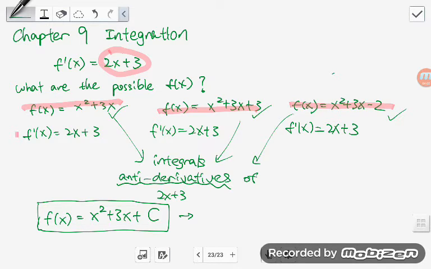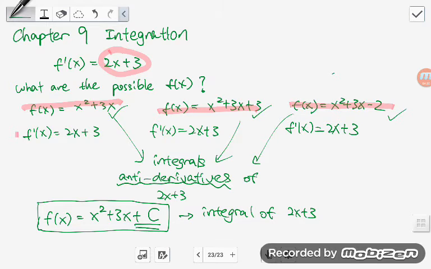So this is the general form for the integral of 2x plus 3. This plus c means plus a constant, which means plus any value, right? And that is something that we must always have when we are trying to find the integrals of any expression.